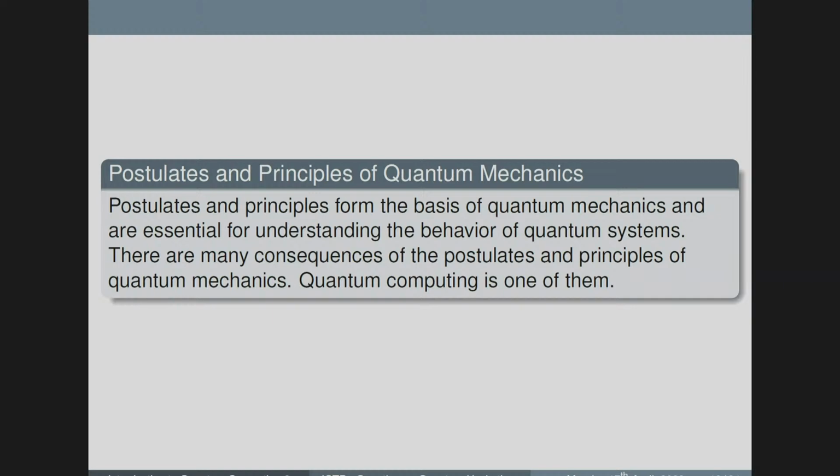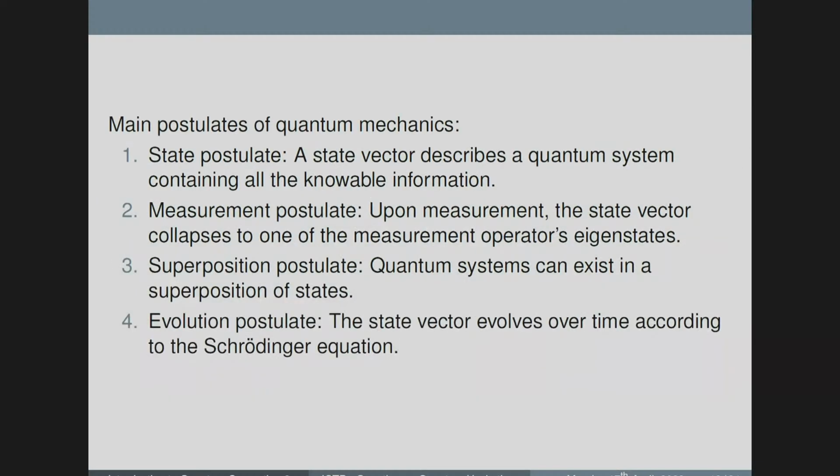Some of these postulates are still not well understood in quantum mechanics, and we need to understand them better. But in any case, quantum computing is pretty much a consequence of all of these postulates and principles in quantum mechanics that made it possible for us to actually have hardware to run a quantum computer on.